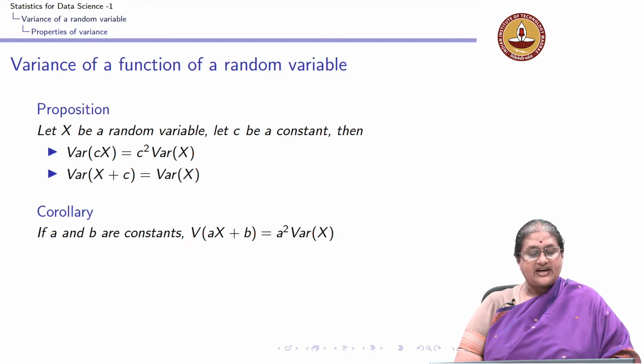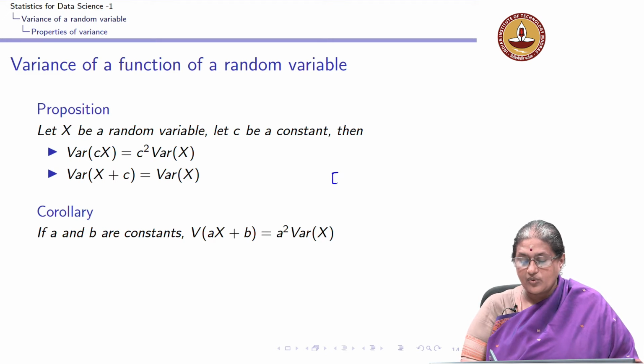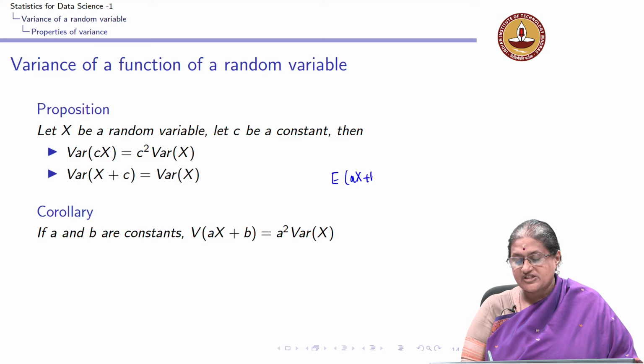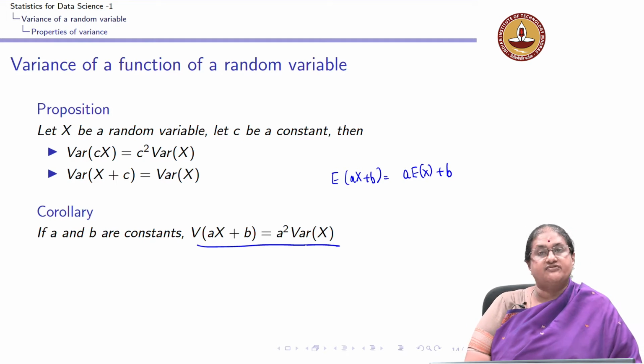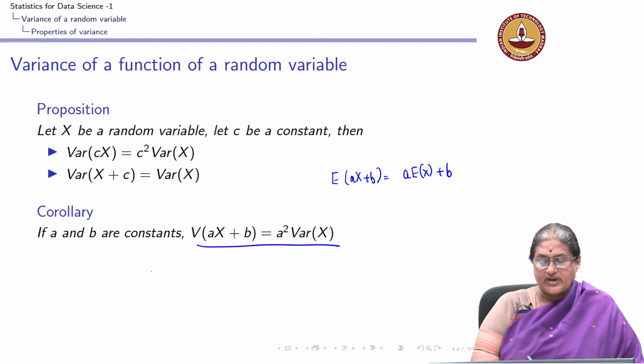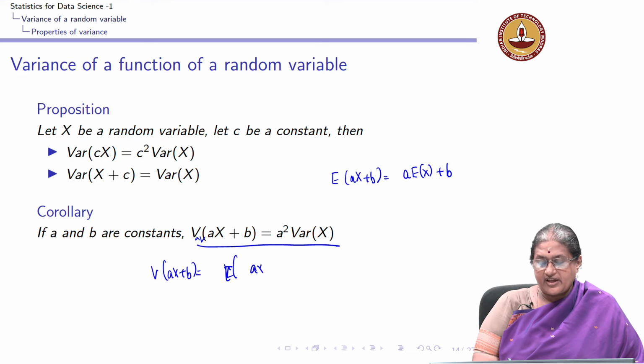So I can generalize this result as a corollary, very similar to the expectation of aX plus b being a times the expectation of X plus b. I get that the variance of aX plus b is a square variance of X. The proof is also very simple. The variance of aX plus b is the expectation of aX plus b minus a mu minus b.